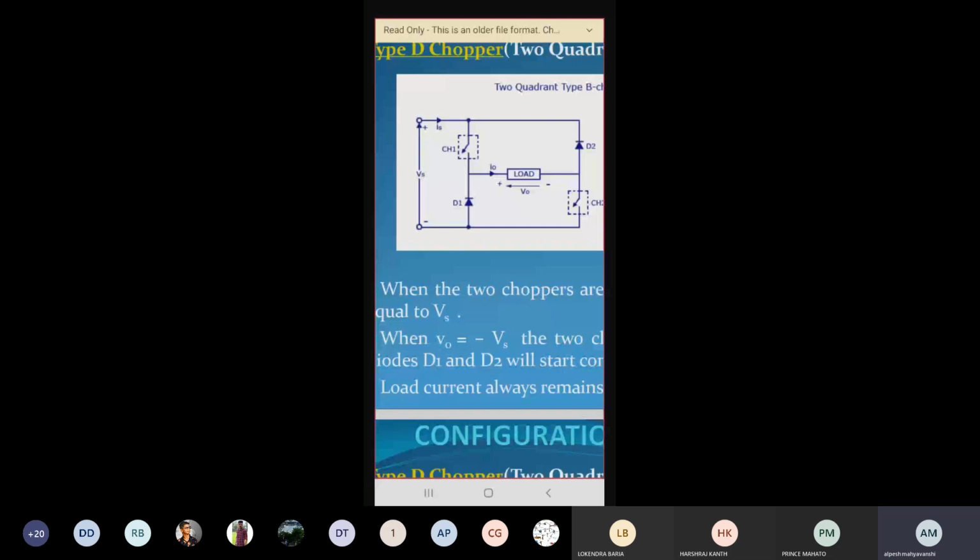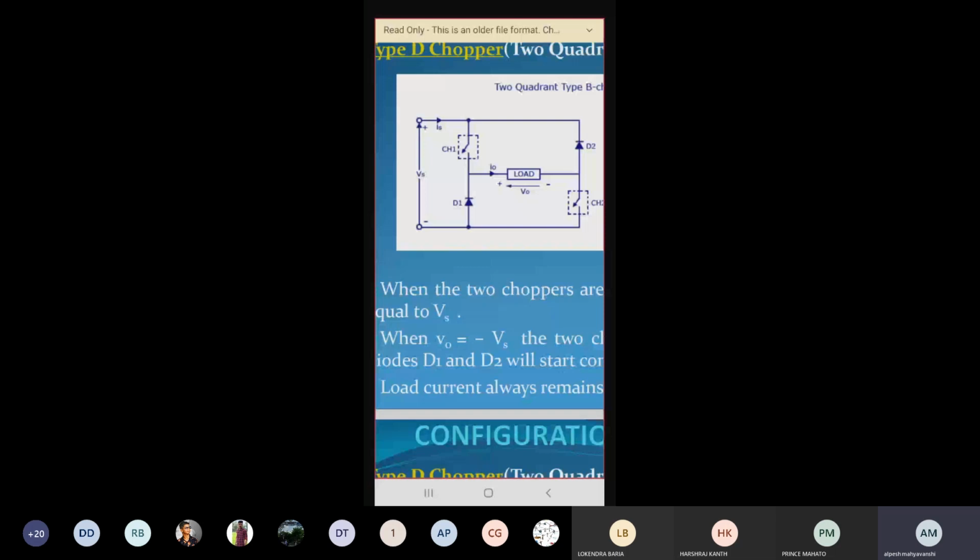Now when chopper 1 and chopper 2 are on, current flows from the source to chopper 1, to the load, to chopper 2, to the negative. So our load current remains positive. When D1 and D2 are conducting, the current flows from the source to D1, D1 to load, load to D2 and D2 to source.